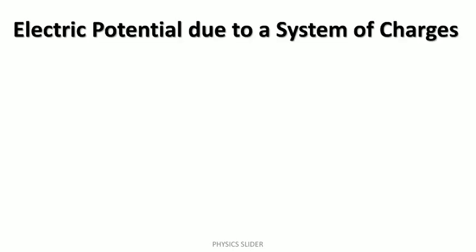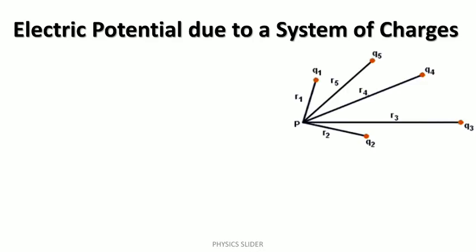Moving on to the electric potential due to a system of charges. Watch here. Let us consider a system of charges q1, q2, q3, q4 and q5, which are separated from a point P by distances r1, r2, r3, r4 and r5 respectively. These are the distances for these individual charges.